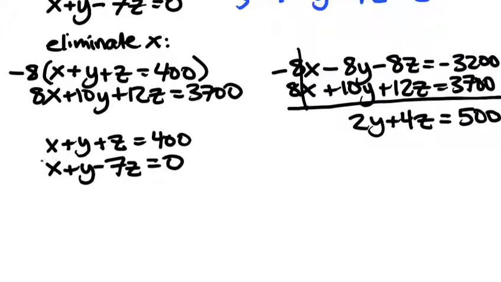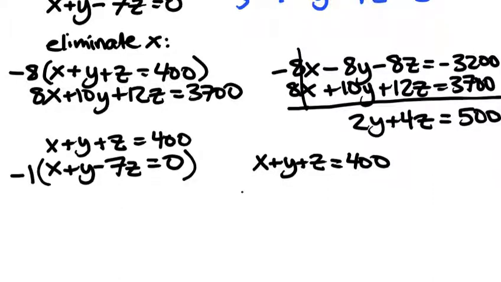I need to make one of them negative. So I'm going to make the bottom equation negative by multiplying by negative 1. My top equation is going to stay the same. In my bottom equation, I'm distributing that negative 1, so that's going to be minus x minus y plus 7z, negative times negative changes to plus, and negative 1 times 0 is just 0.